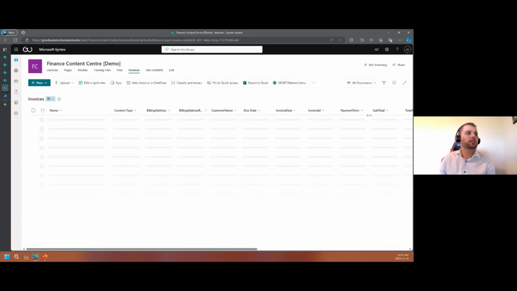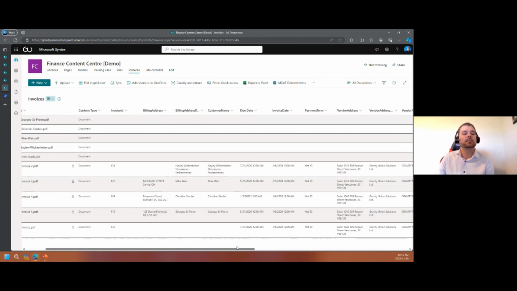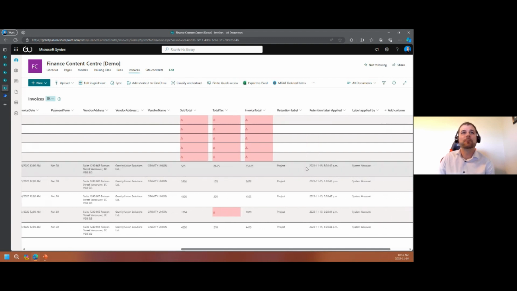Hopefully that will process fairly quickly here, but I do have my examples from before. As they start to process, it's going to extract this information for us. It will start to flag missed information the way I've got it set up, and it will apply that retention label for us.